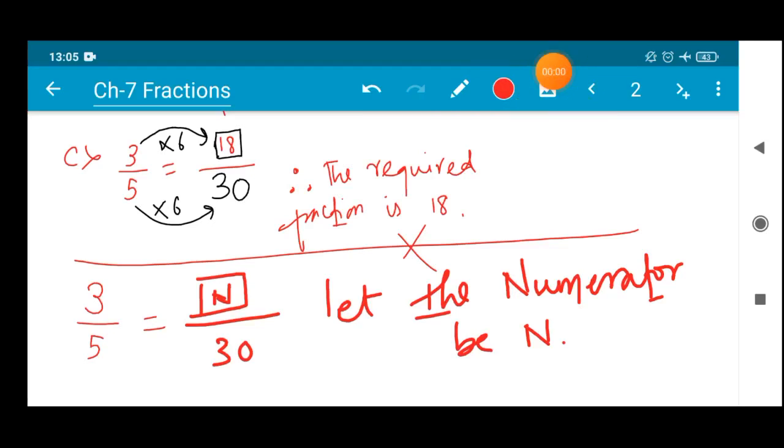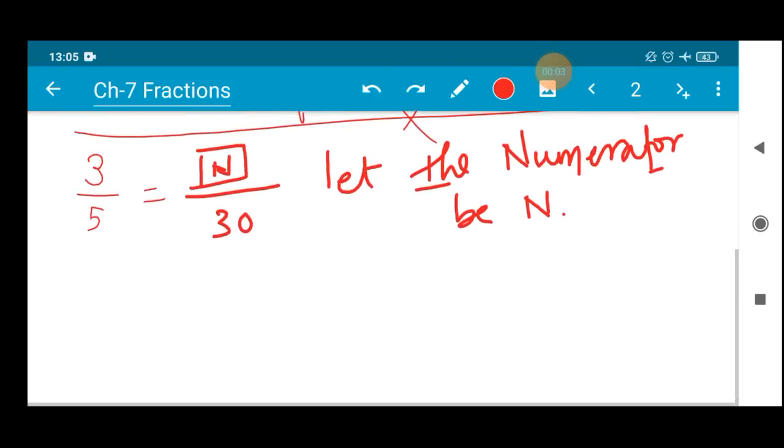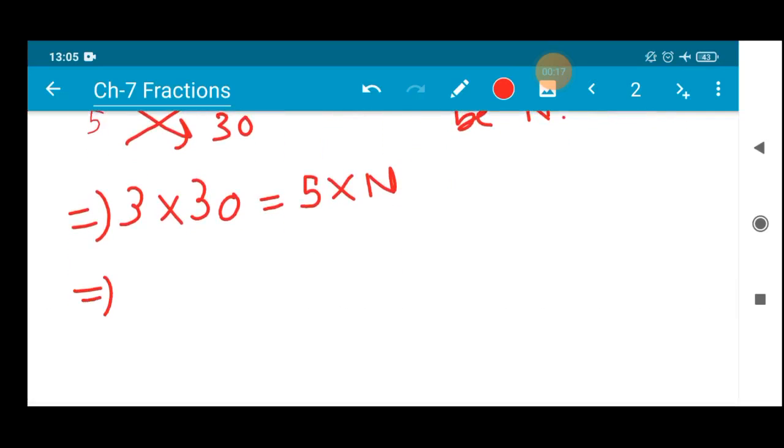Alright, then as you know, you have to do the cross multiplication. 3 into 30, then equal to sign, then 5 into n. That implies, now we have to find the value of n. So let me write 5 into n on the left hand side and 3 into 30 on the right hand side.